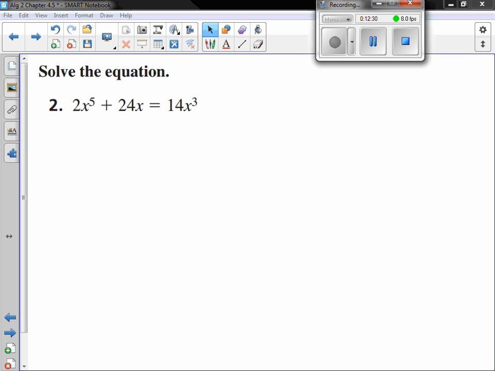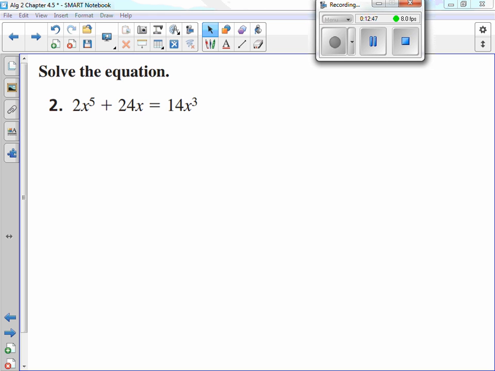We're doing the note sheets a little bit out of order. I want to look at number 2 first before we deal with example 2. So it's at the top of the second page, or yeah, it's way back there, back of the second page. Did y'all find this here where it says 2x to the 5th plus 24x equals 14x cubed? Did y'all find this on the note sheet?